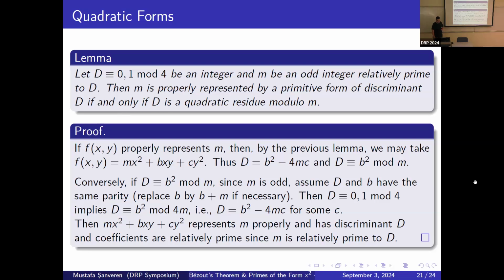That is equal to this discriminant. Since this represents m and has discriminant d, and we know that the coefficients are relatively prime, and since we assume that m is relatively prime to d.